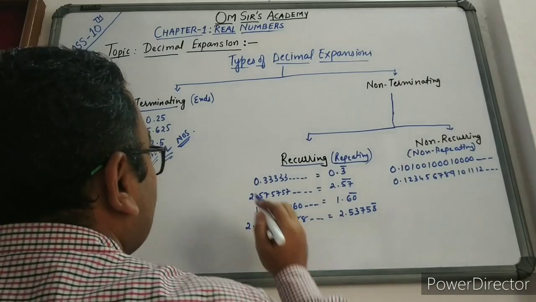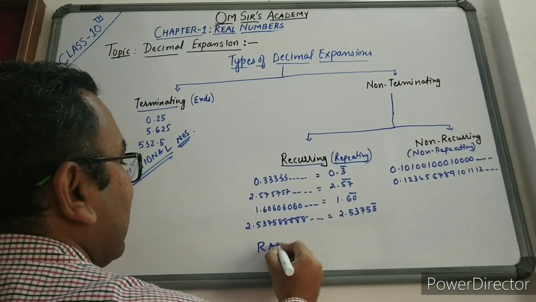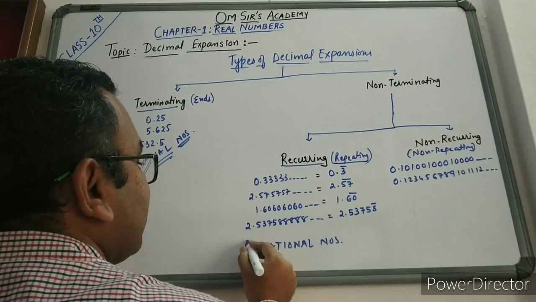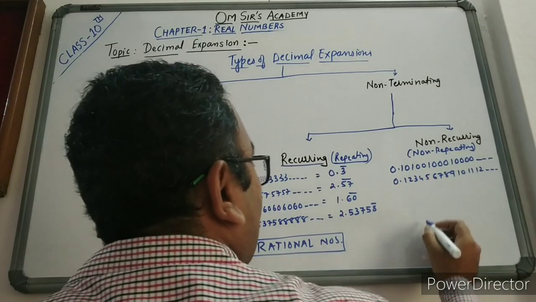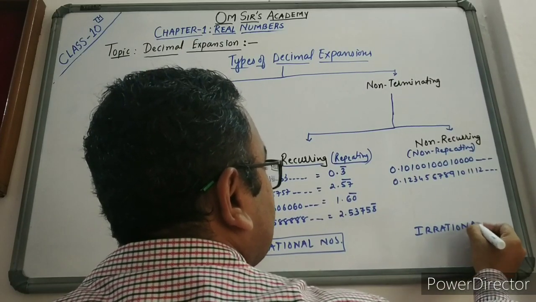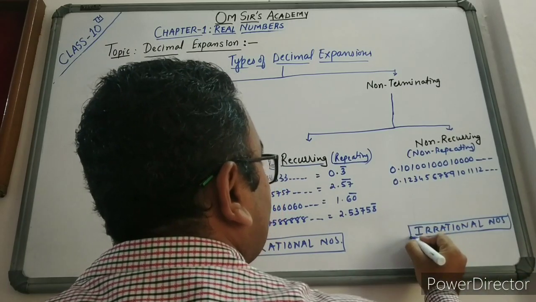Then what about recurring? Recurring are also called rational numbers. These also we can express in p by q form. And non-recurring are called what? Irrational numbers.